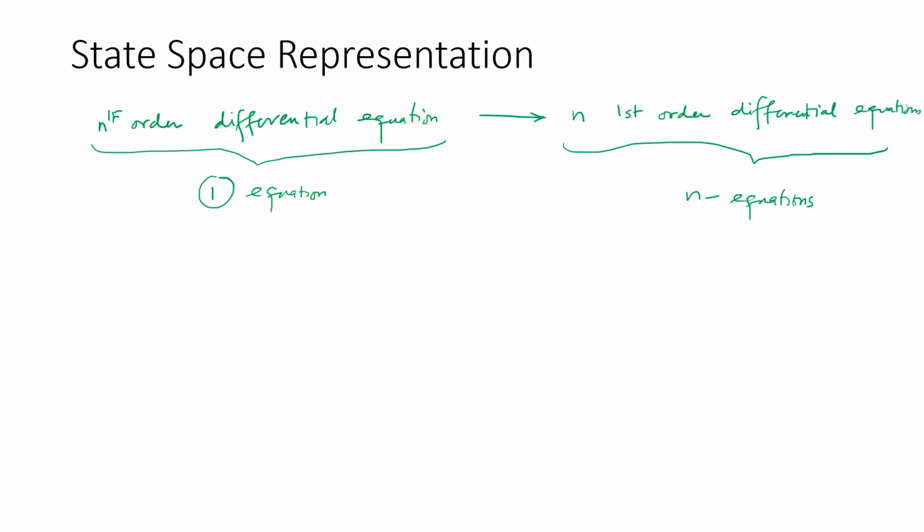But in terms of the difference, it is that simple: you have to take the differential equation and by inspection transform it into n first order differential equations. When you transform it into n differential equations, you are going to have state variables. So this is going to define n state variables.